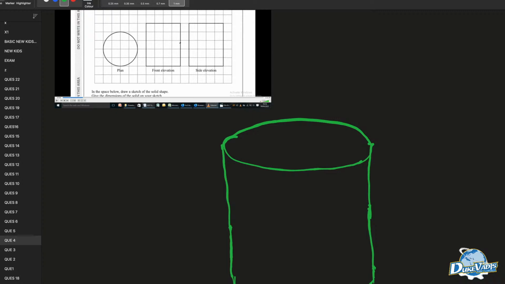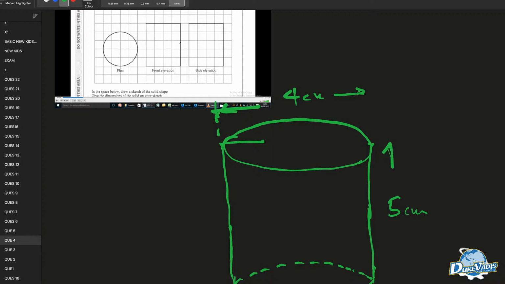And we're supposed to put the hidden lines over here. When we counted, we saw that the height here is 5 centimeters, and the diameter from here to here, as we demarcate, is 4 centimeters. So that's all you are demanded to draw in an exam.